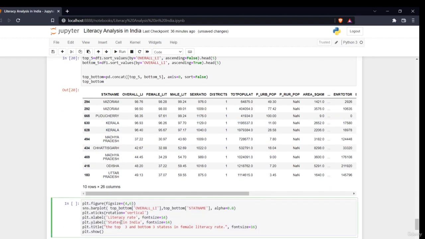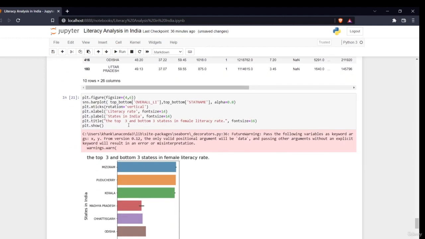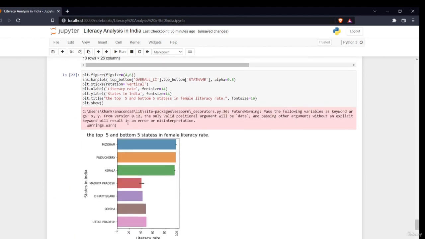Now I'll plot a bar graph for the top five and bottom five states in female literacy in India. Mizoram and Kerala are the top states, and Madhya Pradesh, Chhattisgarh, Odisha, and Rajasthan have very little. Madhya Pradesh, surprisingly, has the lowest literacy rate.